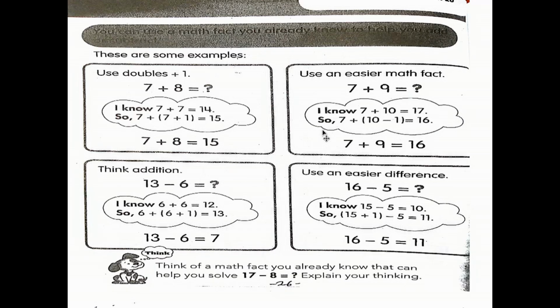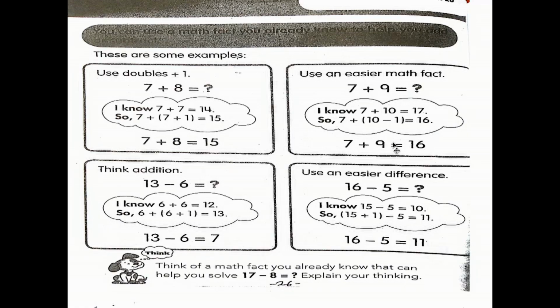And again here, 7 plus 9. 7 plus 9 is the same as 7 plus 10, and then subtracting 1. 7 plus 10 is 17, and by subtracting 1 it will be 16.